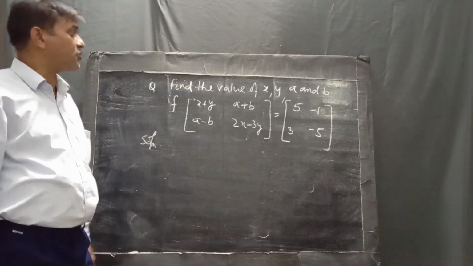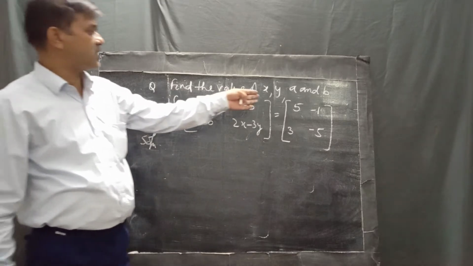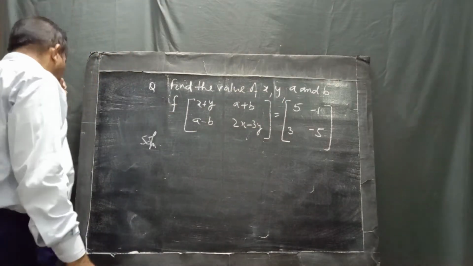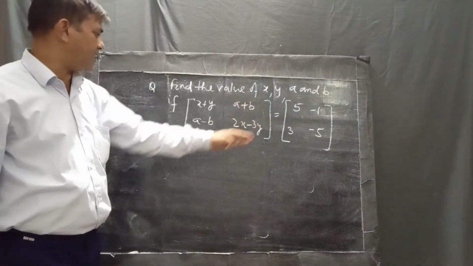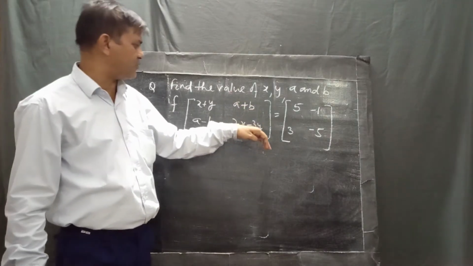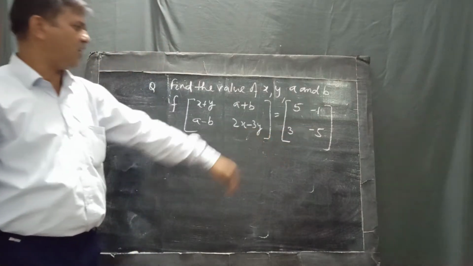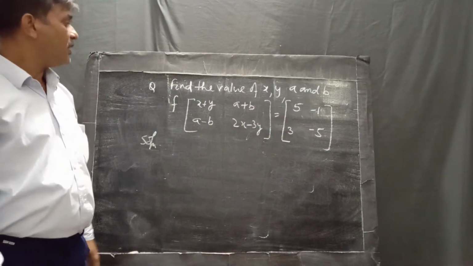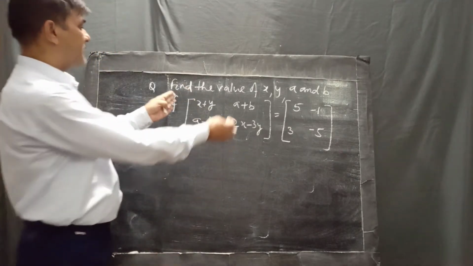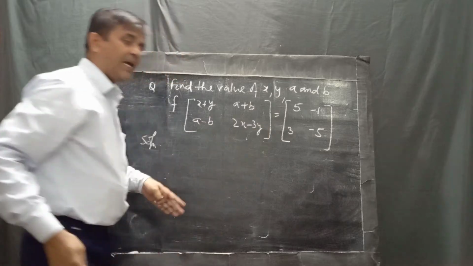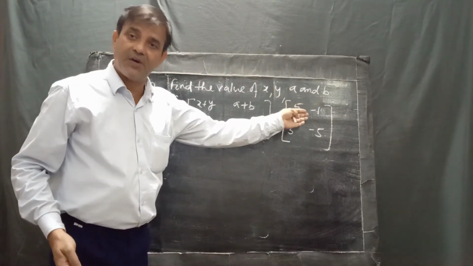Next expected or important question regarding the topic matrix is: find the values of x and y, a and b, if x y a plus b a minus b 2x minus y 2x minus 3y equals 5 minus 1 3 minus 5. This question is based on equality of two matrices. There is a matrix A, there is a matrix B, and according to equality, A11 is equal to A11.